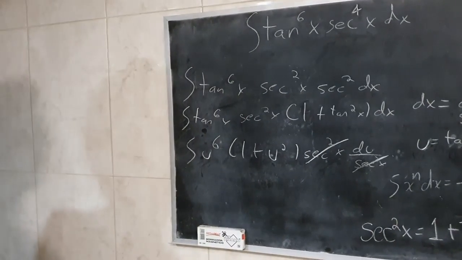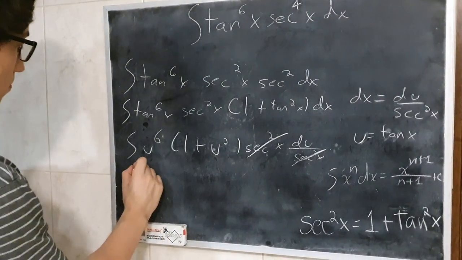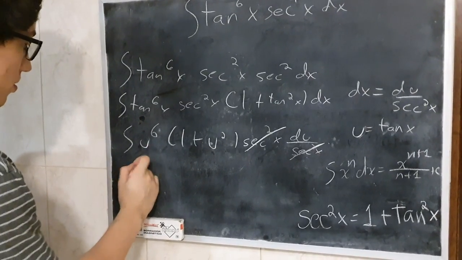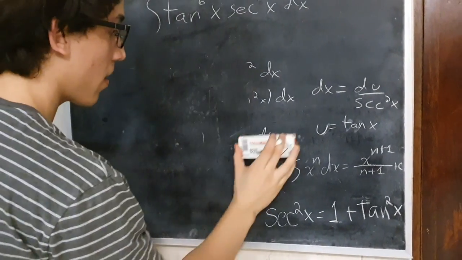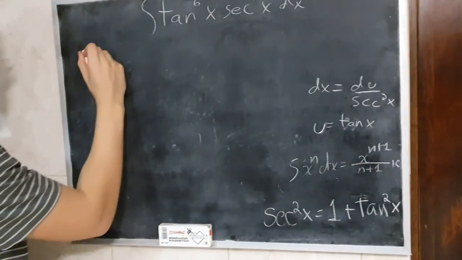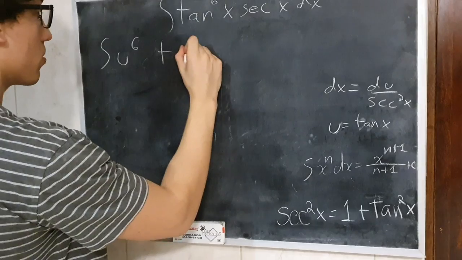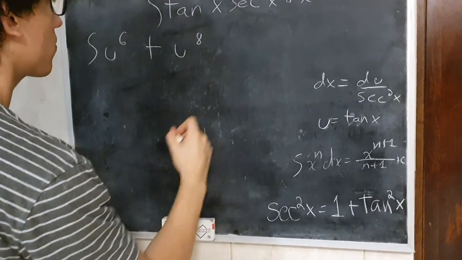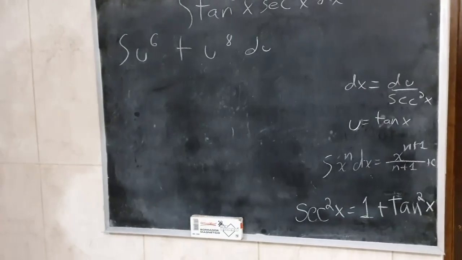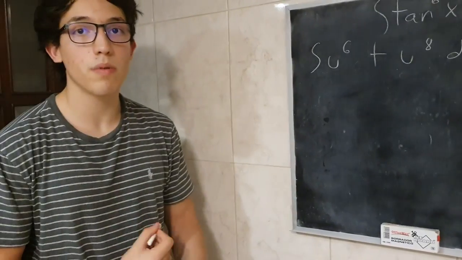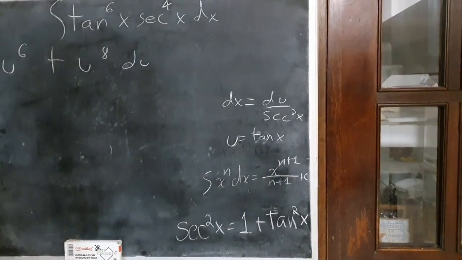So now we multiply this, which is u^6 plus u^8 du. Okay, so now we're going to use the basic integration formula, which is this one.